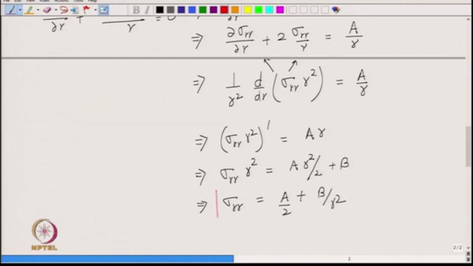So, we got the formula for sigma_rr in terms of two constants.